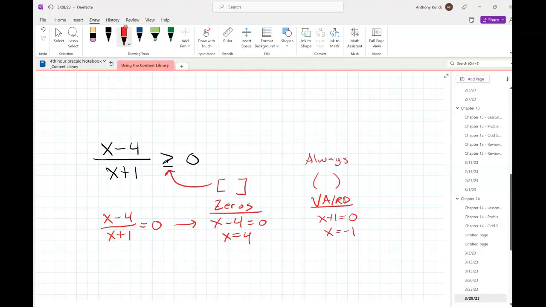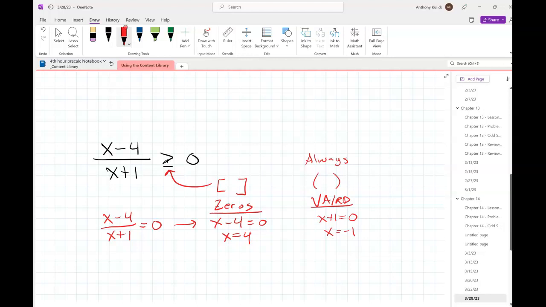That's how you do it, yes. And these are always going to get a parenthesis. Why? Because? A reason? So, is there a point on our graph at a discontinuity?